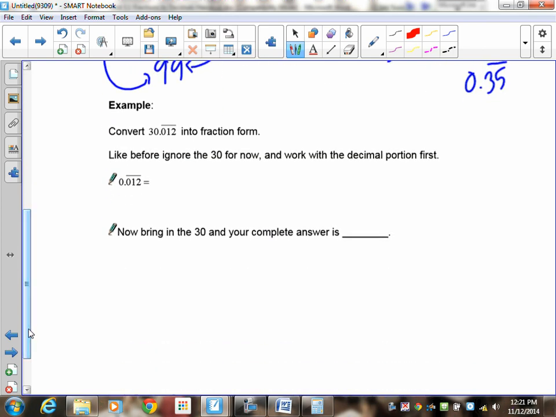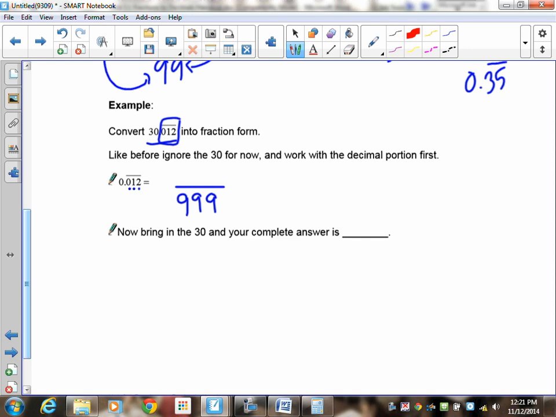Okay? Now, we're going to do 30.012 repeating. Now remember, we're going to do just the decimal part first. Ignore the 30 for now. So I have 1, 2, 3 digits, which are repeating. That means my denominator is going to have 1, 2, 3 digits, which are 9. Now remember, this only works for repeating decimals.